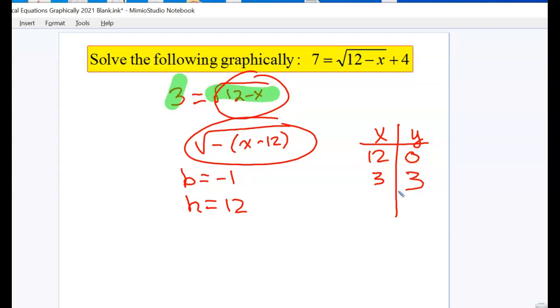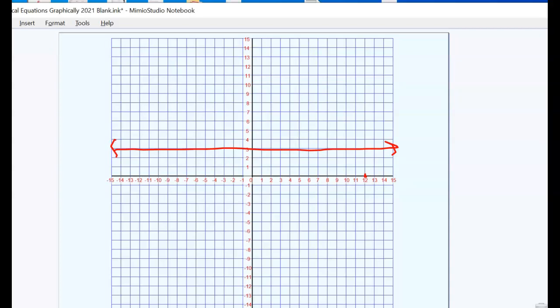Let's try one more. If I put an 8 in for x, 12 minus 8 is 4, and the square root is 2. So I have the points (12, 0), (3, 3), and (8, 2).